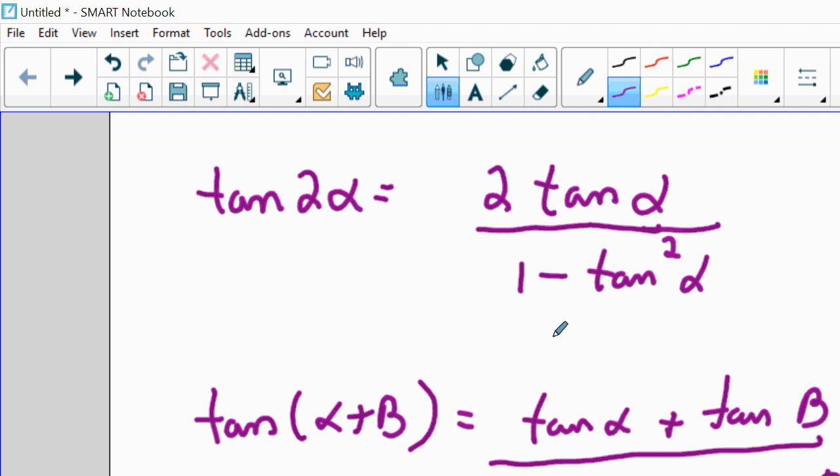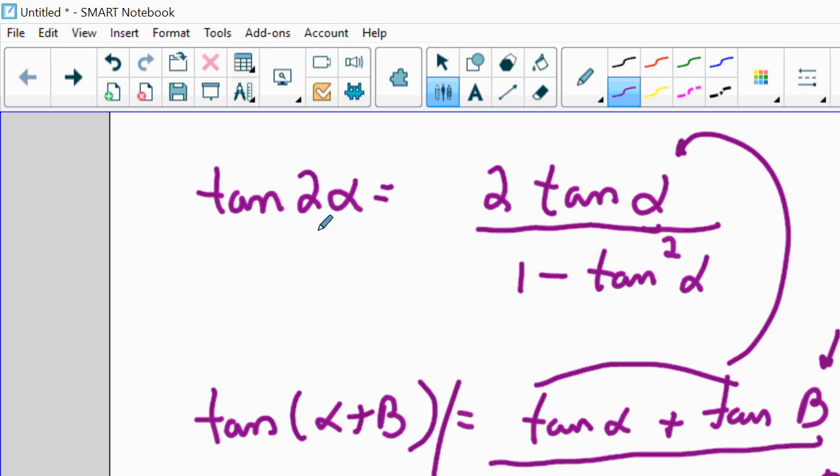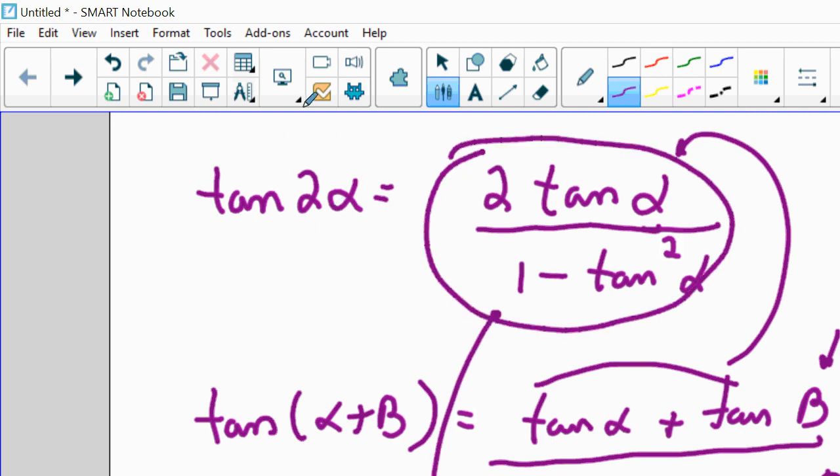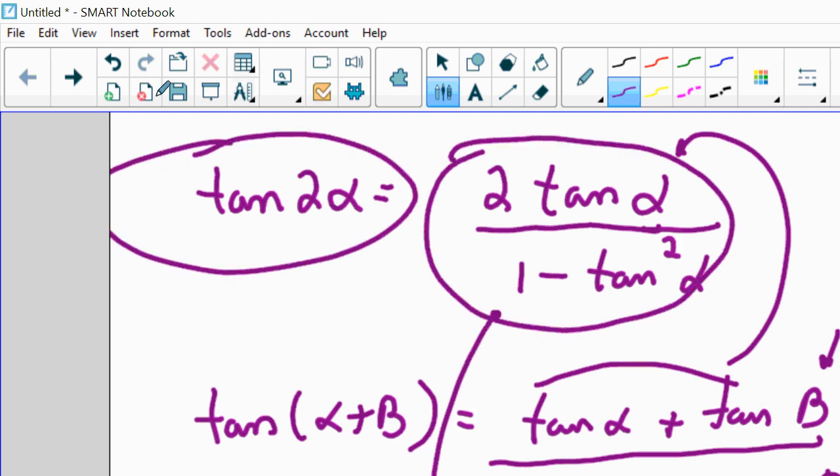You can see, if you replace the beta with an alpha, how we got 2 of those and that one right there for our tangent 2 alpha formula.